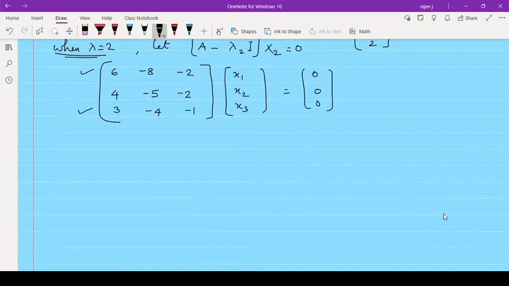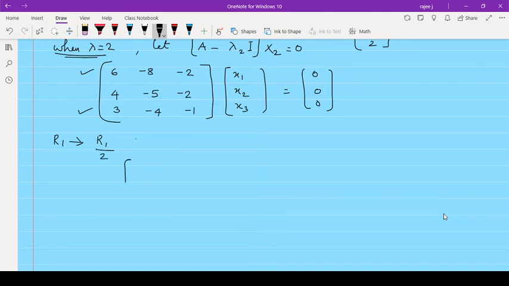Now here to get the rank, it is very easy to solve this one. Suppose I am doing R1 changes to R1 minus 3R3. Or firstly you can do R1 changes to R1 divided by 2, that also can be done. So let's do that: R1 changes to R1 by 2.